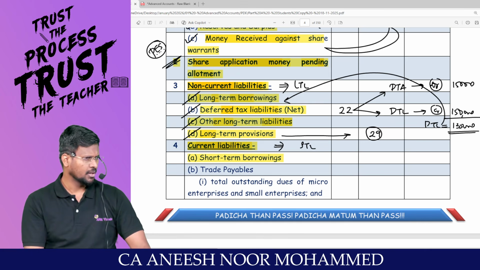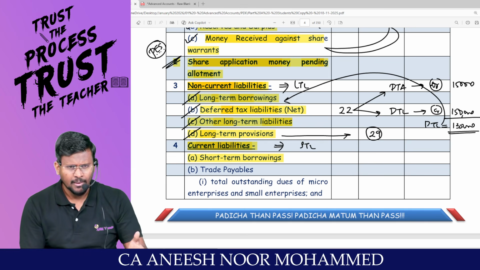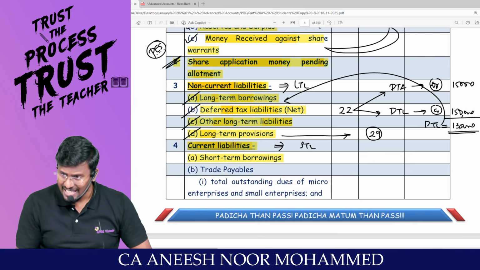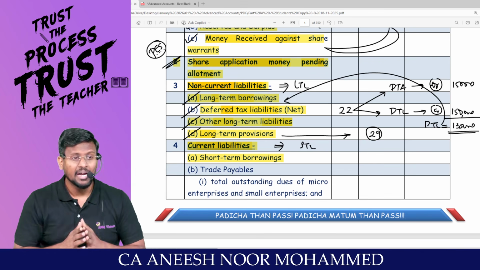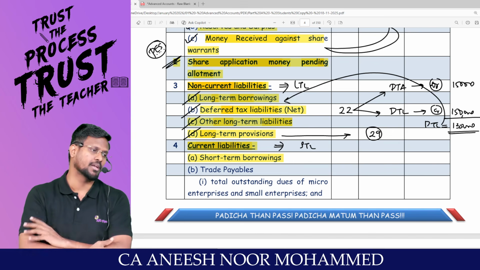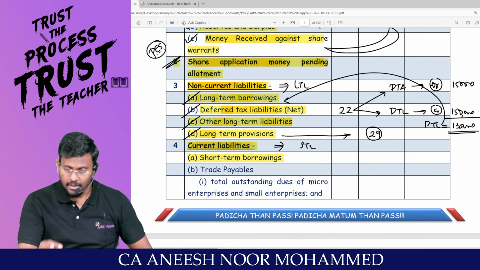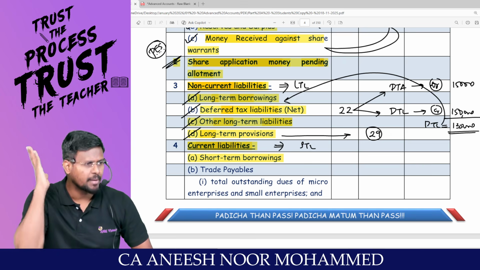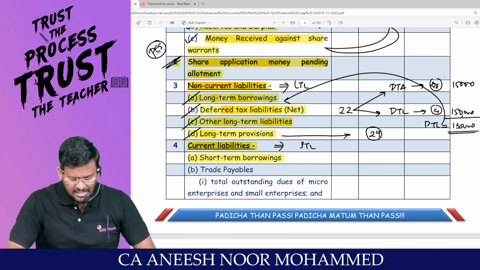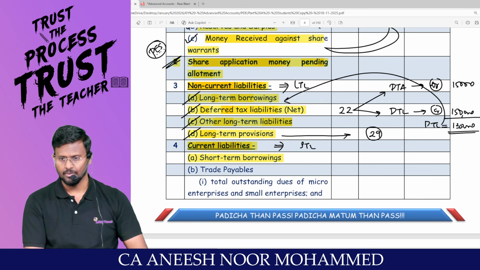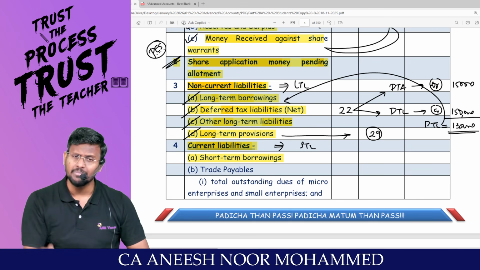My dear lovable students, deferred tax liability is never a short-term item. Deferred tax liability means, as per AS 22, a difference arises in one accounting period and that difference will settle in another accounting period. That means it will go beyond 12 months, so it will never be categorized under current liabilities. Are you all really with me? Hence, the second part, deferred tax liability net, will not be applicable. What was the third item there?